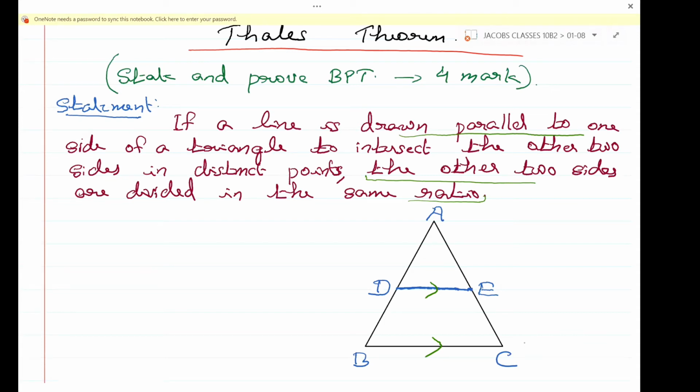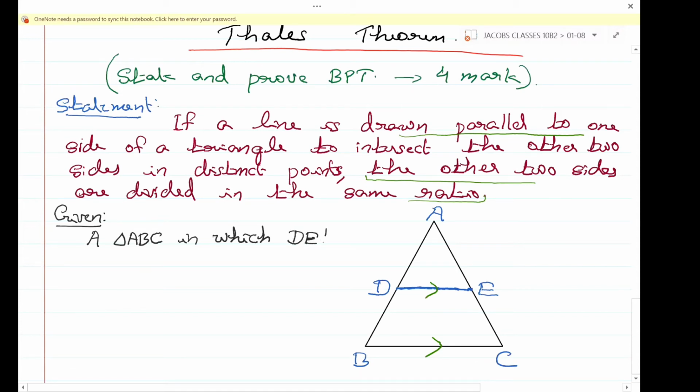Okay, so please write: given a triangle ABC in which DE is parallel to BC.